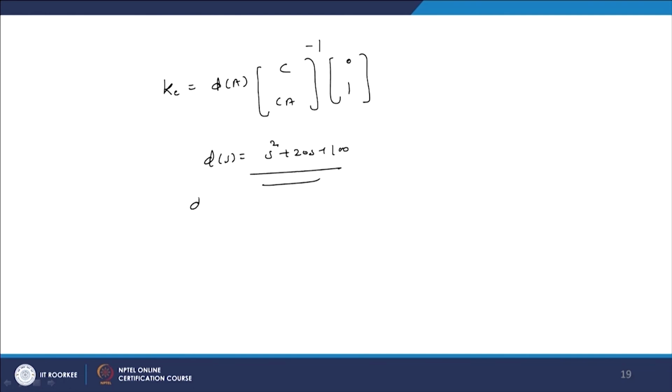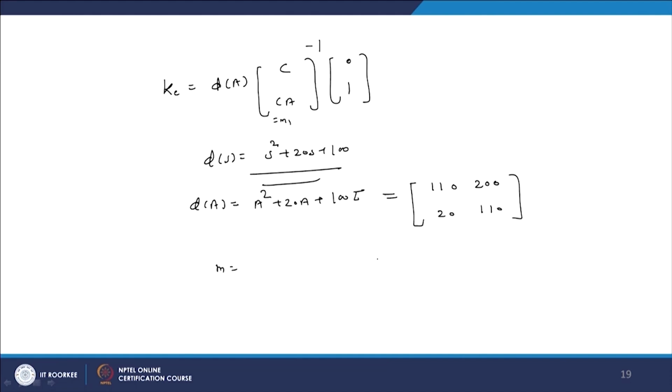Now here phi of A will be A square plus 20A plus 100 times I. So here if you solve it you will get the resulting matrix. Now let us call the observability matrix m1.